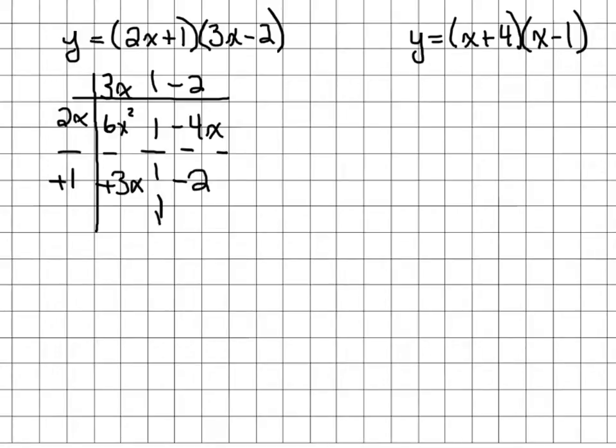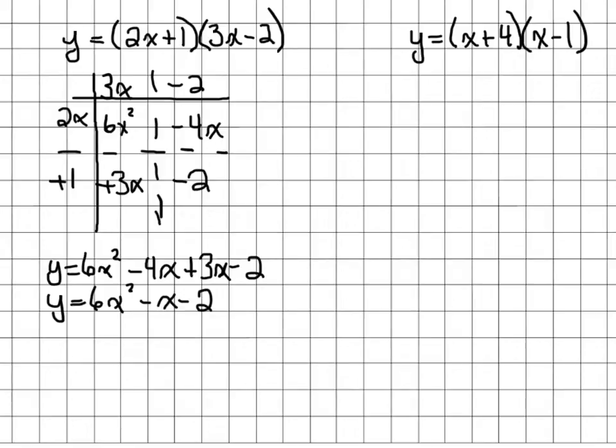So that's expanded. Writing that out again, I have 6x squared minus 4x plus 3x minus 2, which is 6x squared minus x minus 2. So we have our factored version and our standard version of that one.